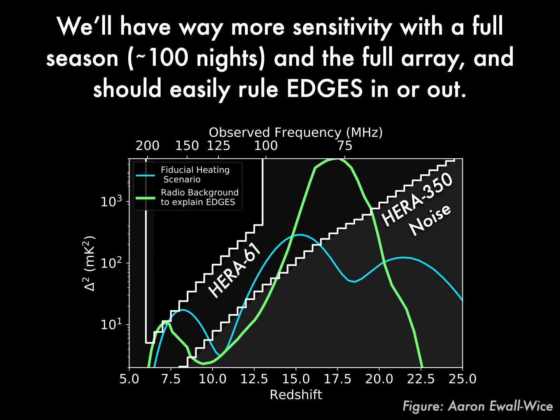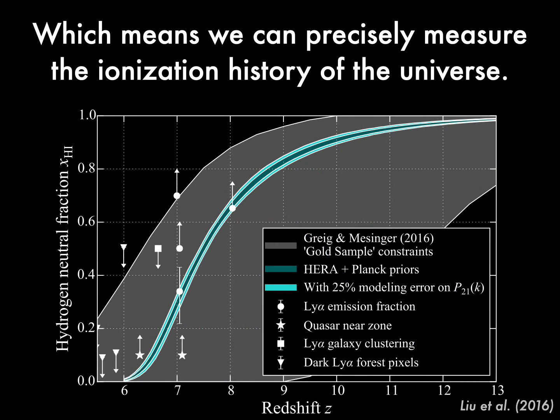HERA was designed to really knock this out, and not just detect but also begin to characterize the 21 centimeter signal. And one of the upshots of that is that we should be able to really precisely pin down the ionization history of the universe. So we have some sense of how this went from the cosmic microwave background.